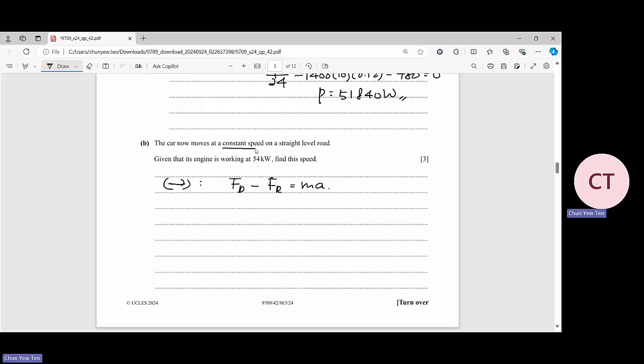But this is also constant speed. So when P equals 54,000, your a is 0. So the driving force is 54,000 over v minus kv squared is equal to 0. Because it equals 0, I just need to move to one side.